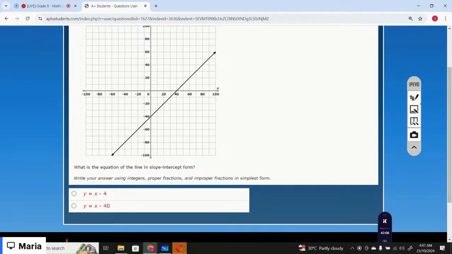Y equals x minus 40 is the correct option, right? That's the second one. Okay, you can complete the lesson by yourself later today.